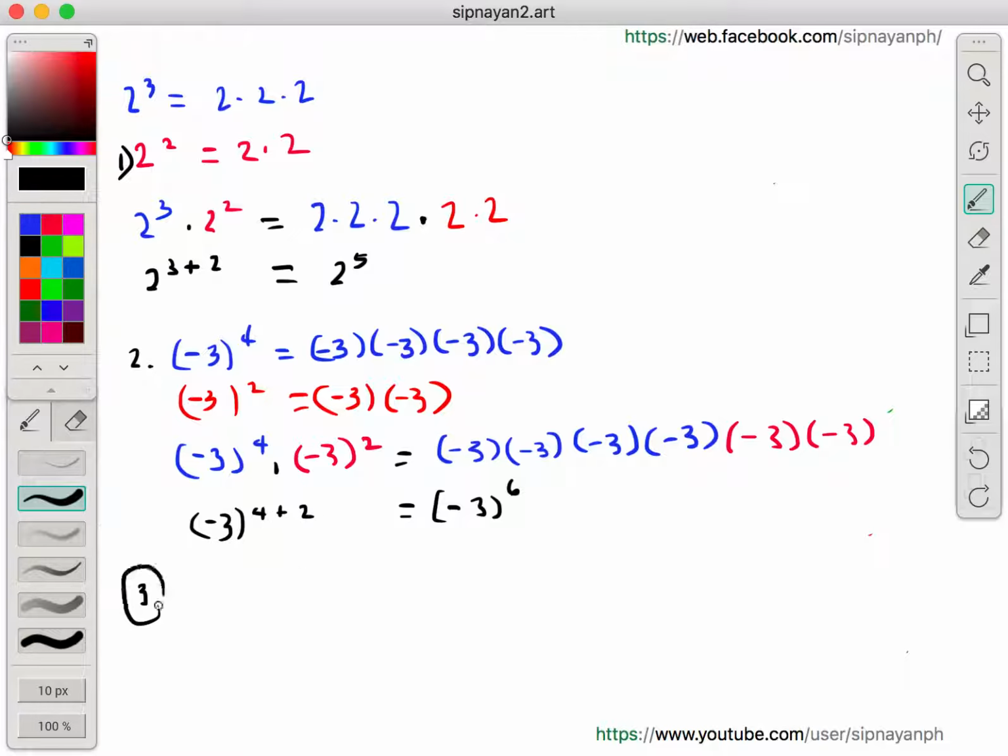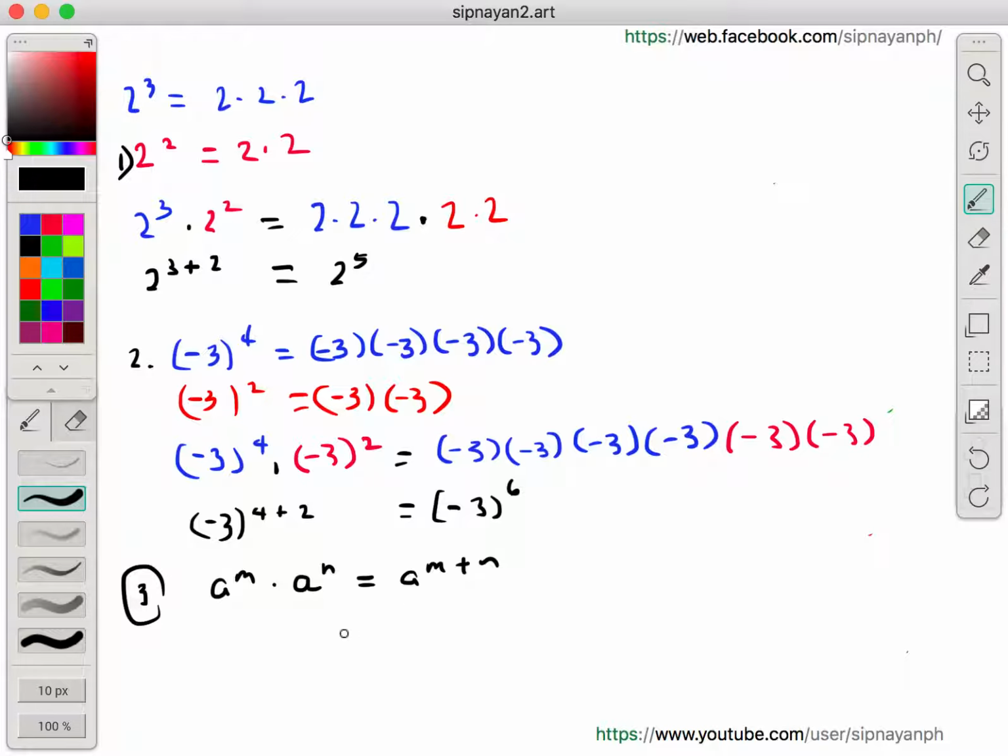So, in general, ibig sabihin, pag meron tayong a raised to the m times a raised to the nth power, it is equal to a raised to the m plus n. So, we multiply a^m, the number of factors is m times, the number of factors is n times, meaning the product is m plus n times.